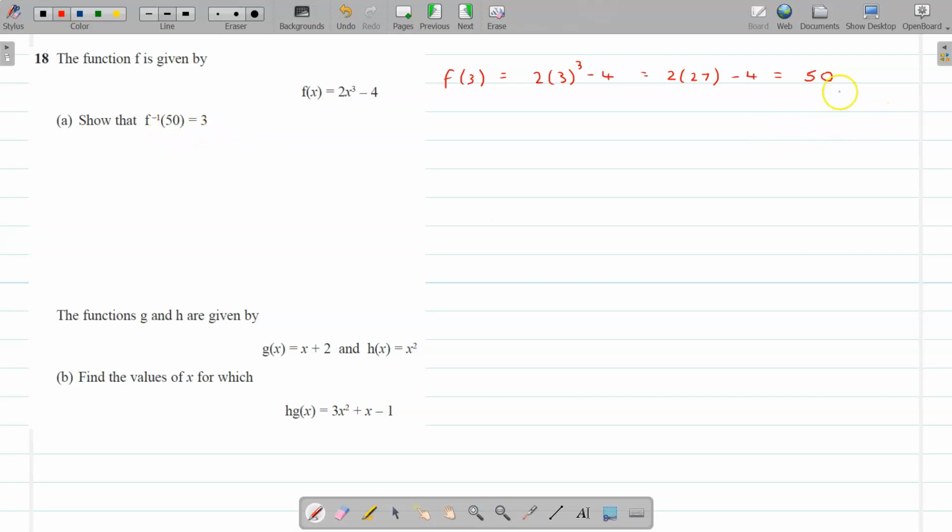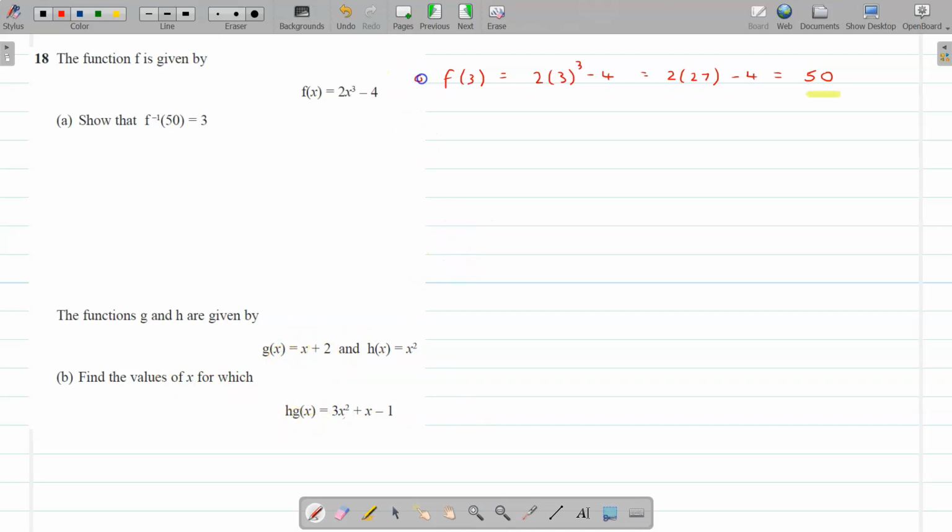Okay, and the second part is g of x is that, h of x is that, hg of x equals 3x squared plus x minus 1. Find the values of x for which that's true. Right, so what I'm going to do is, what is hg of x?